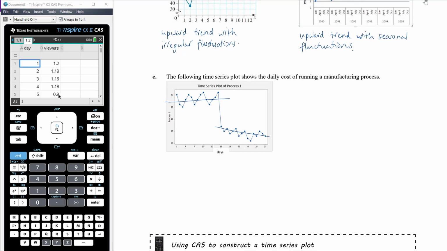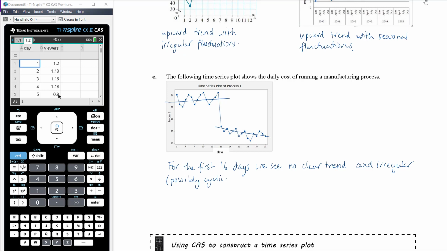So I would probably say that for the first 16 days, we see no clear trend, and irregular, possibly cyclical fluctuations.